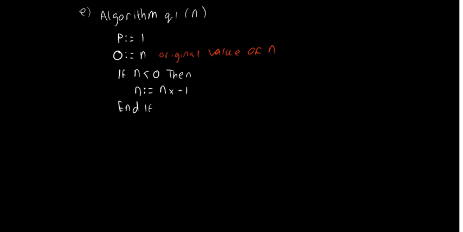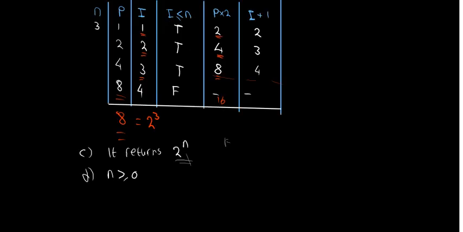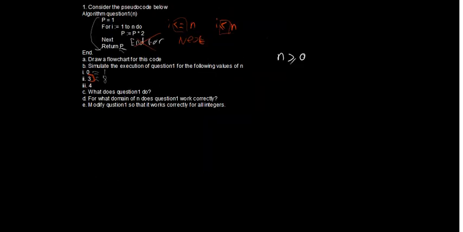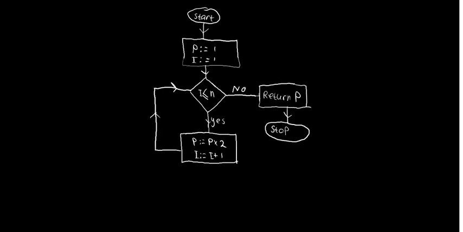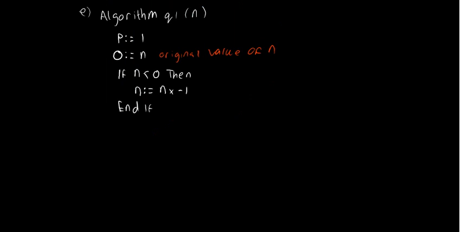Then what we do in the middle here is put in the original code. You just have to copy that original for loop over there.